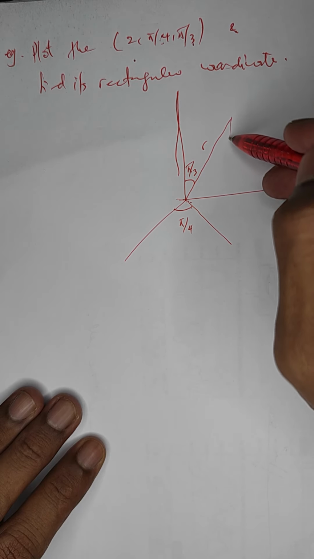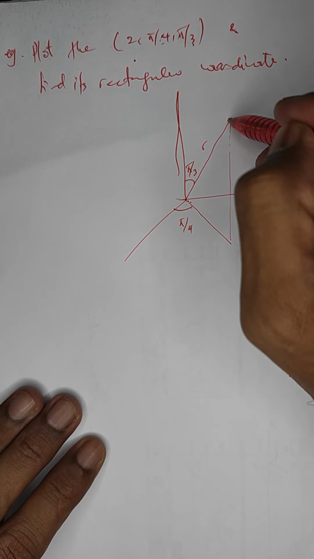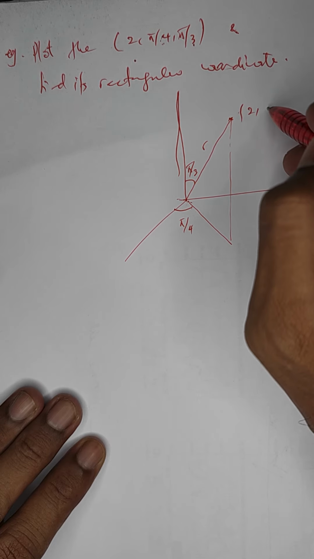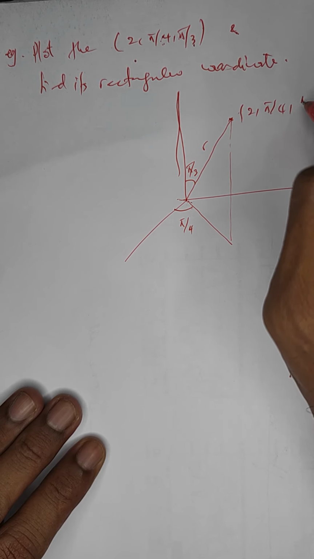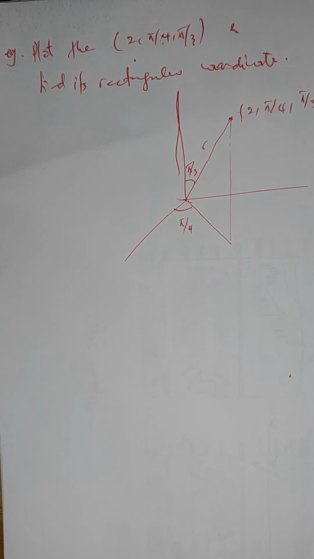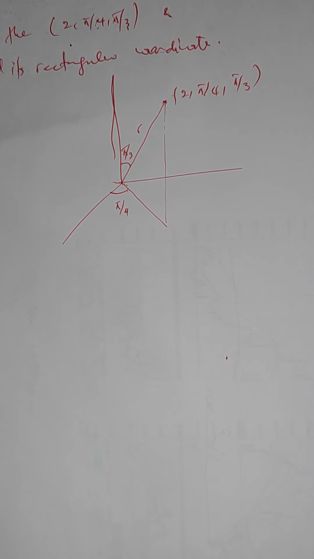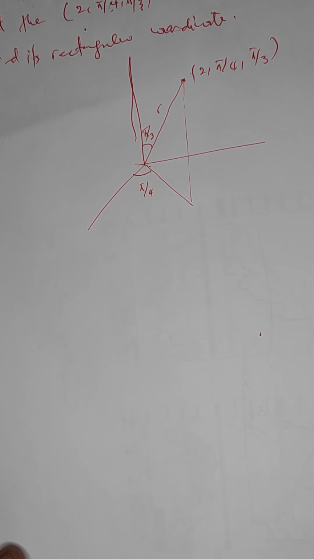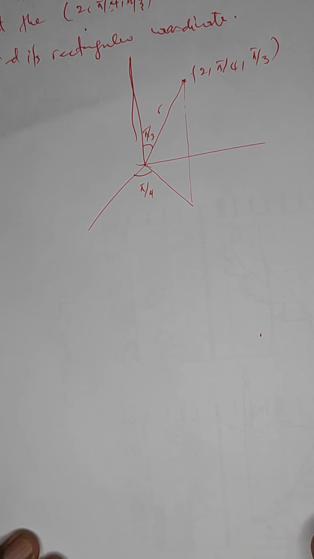Then that's our point, (2, pi over 4, pi over 3). Now to find the equivalent rectangular coordinates given the spherical coordinates, we need to find what x, y, and z are.